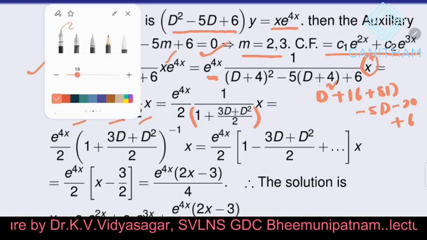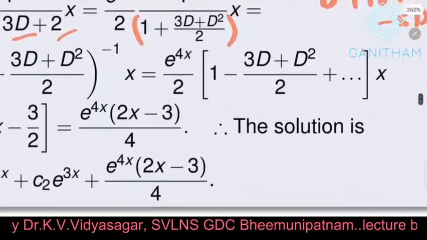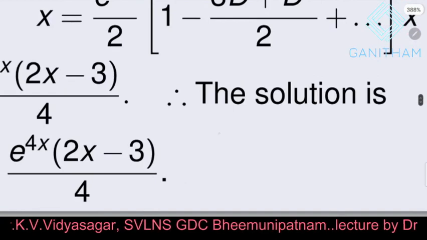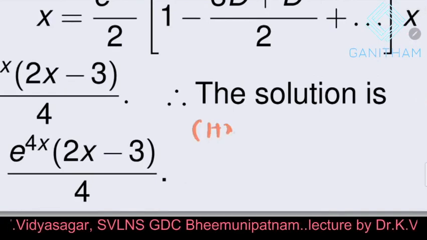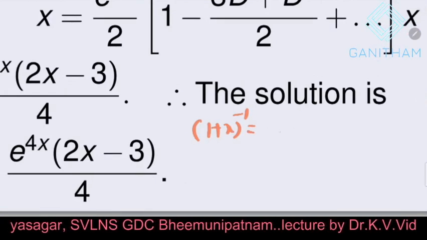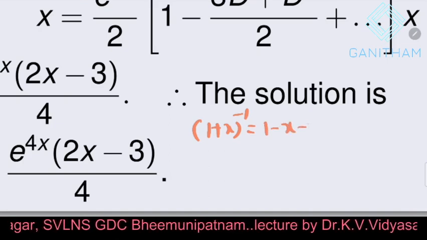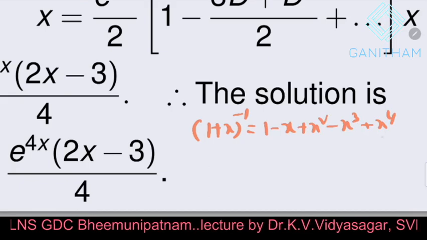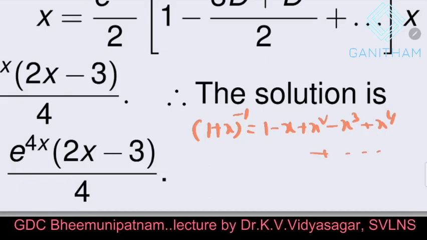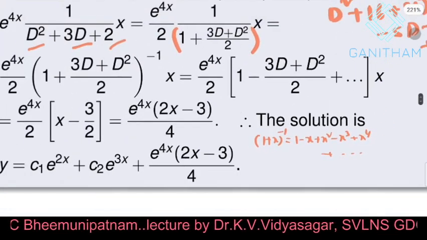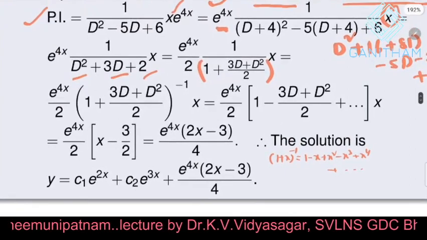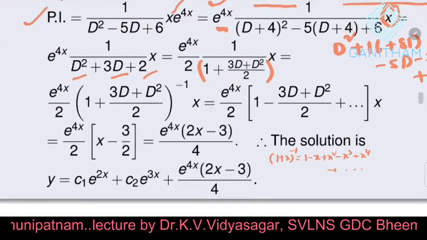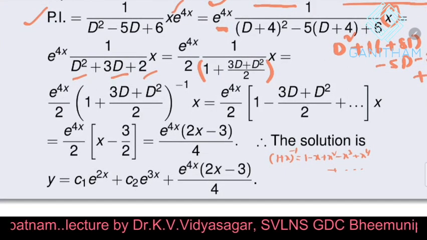What is the formula for (1 plus x) to the power of minus 1? (1 plus x) to the power of minus 1 is equal to 1 minus x plus x square minus x cube plus x to the power of 4 and so forth. By using this formula, (1 plus x) to the power of minus 1 is 1 minus x.